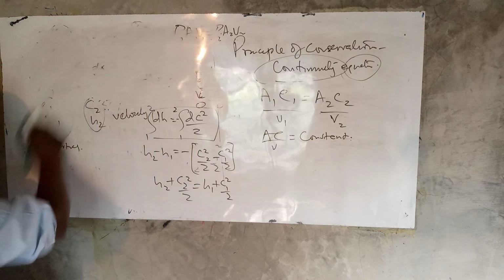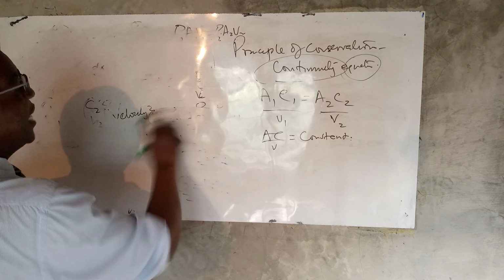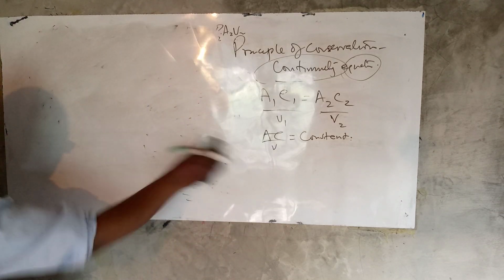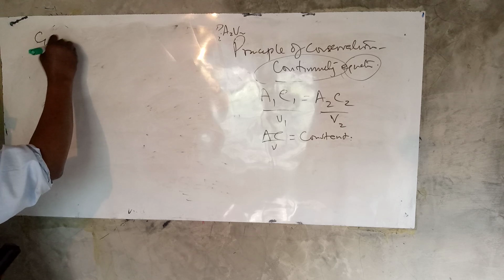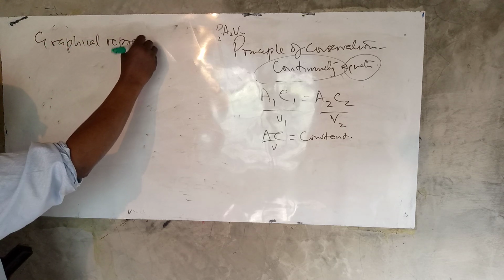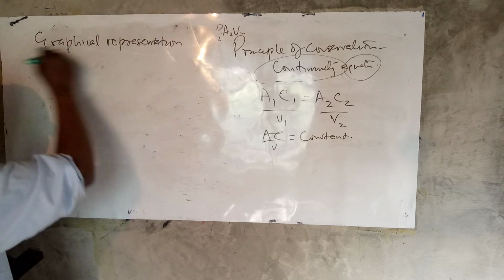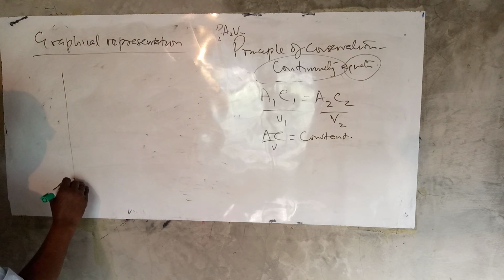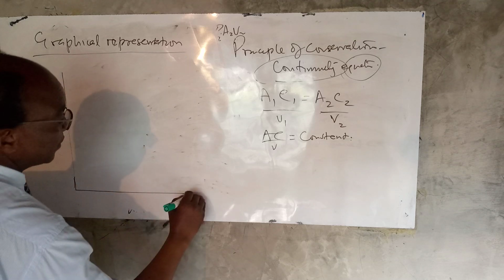So we can represent these quantities graphically. The graphical representation will lead us to this kind of pattern.